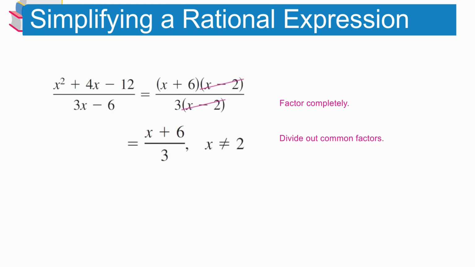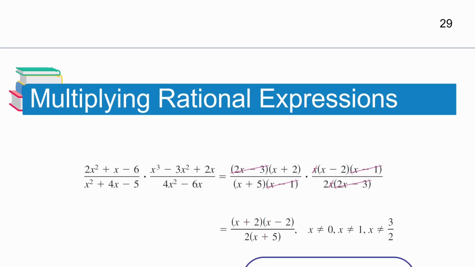And anytime you've canceled stuff out, you have to tell only the stuff that you've canceled what it cannot be. If it had been left in there, you wouldn't have to tell it because it would be obvious, because it would be part of the denominator of the answer. But when you've canceled it out, you do have to tell it. So I hope that makes sense.